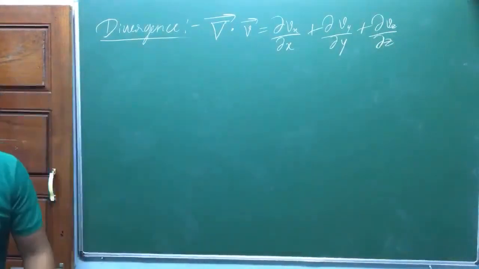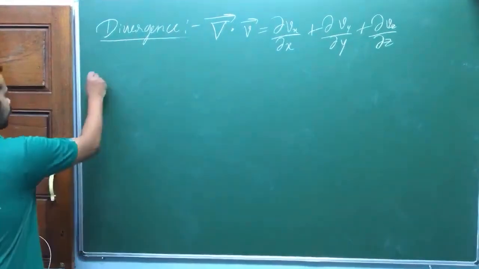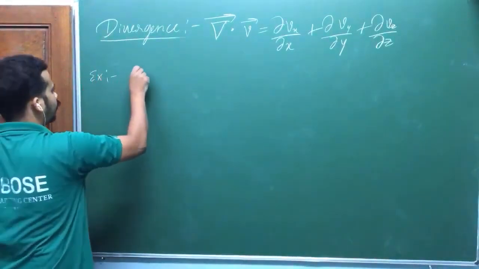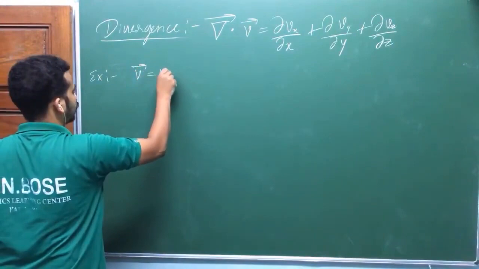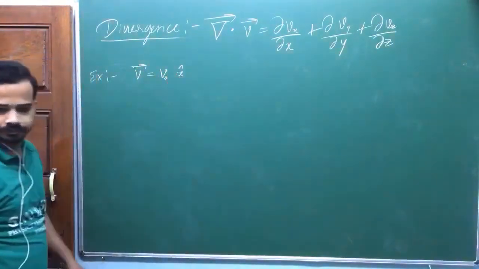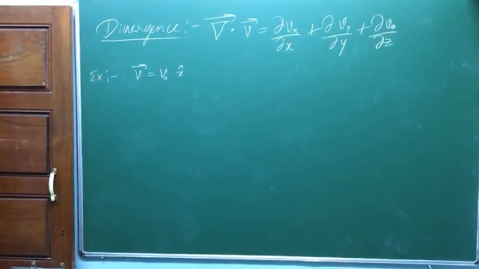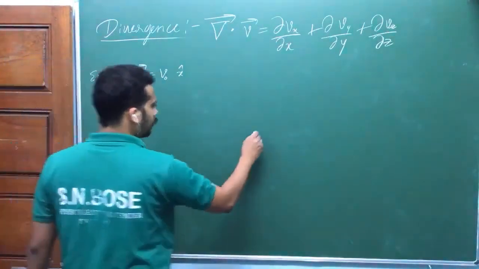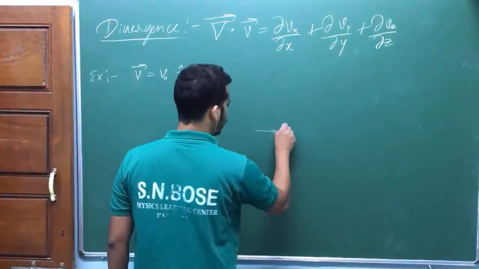Now let me take one example. Suppose my vector field is a uniform vector field, v naught into x cap. Suppose this is the x cap direction.